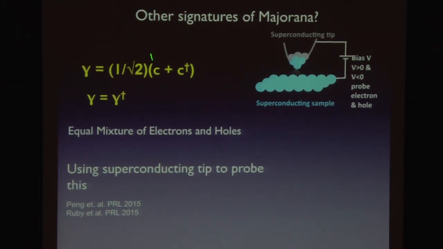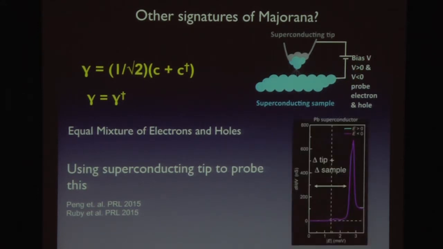So these two components of the electron and the hole part of this Majorana state can be measured by flipping the switch between tunneling at positive voltage and negative voltage using a superconducting tip. And the idea is the following.